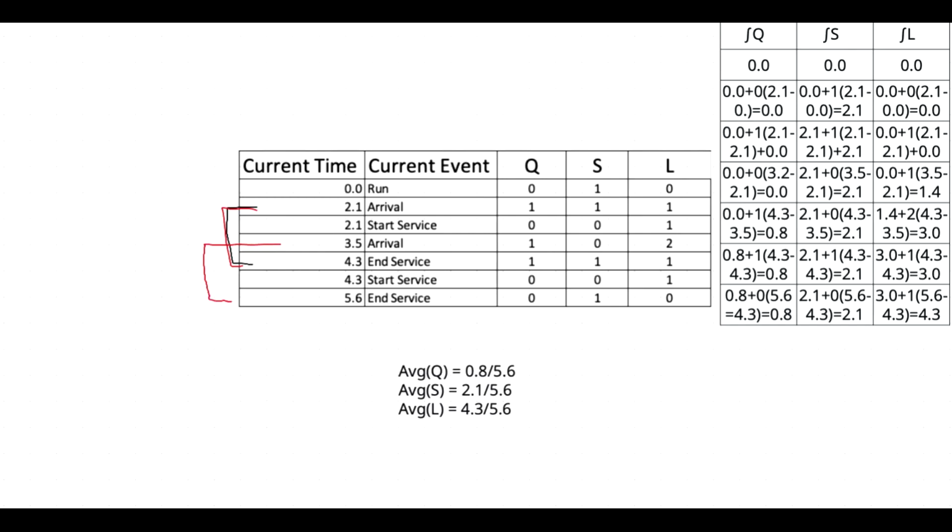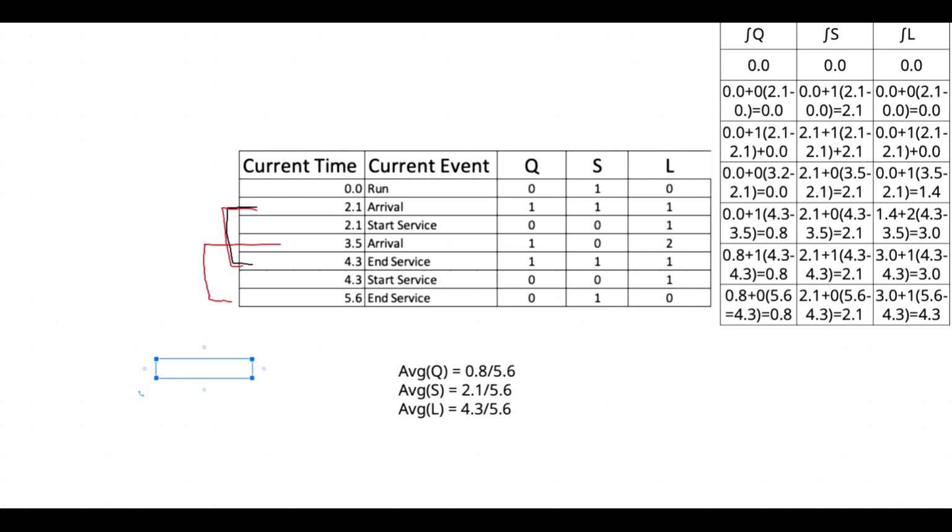So how much time did they spend in the system? That's a quantity that's often called W. The first guy was 3.5 minus 2.1. That's the first guy.